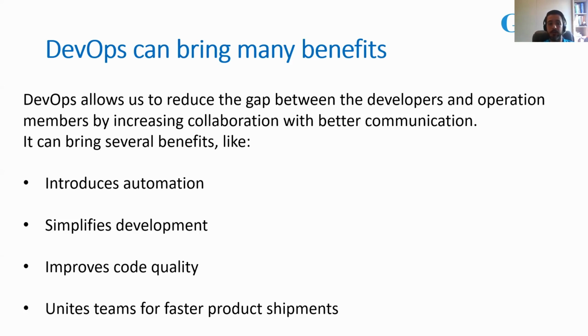When you're talking about DevOps, you're reducing this gap. You're allowing the developers and the operations team, the infrastructure and support teams, to work together as a team to increase collaboration and provide better communication.